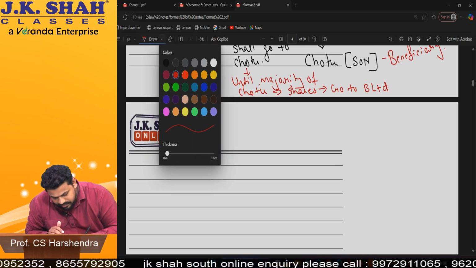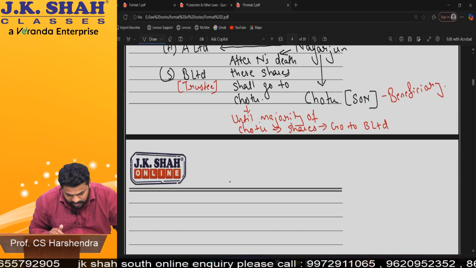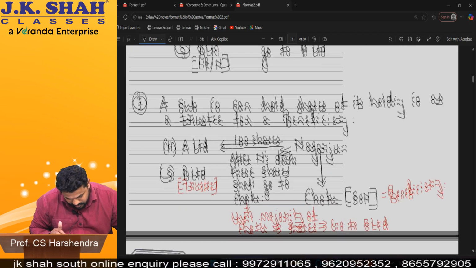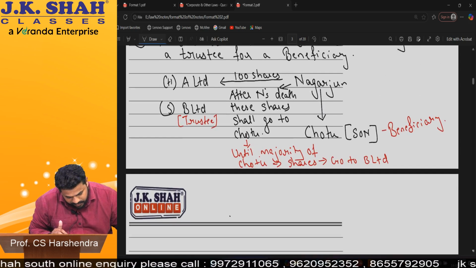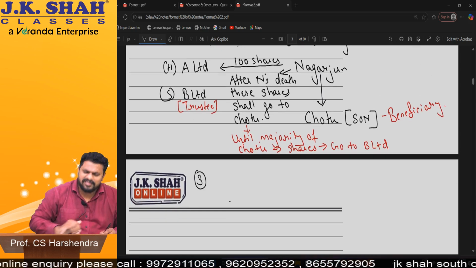Now the third point. This is important, interesting. Third method. There are 3 exceptions. This exemption you will easily understand.